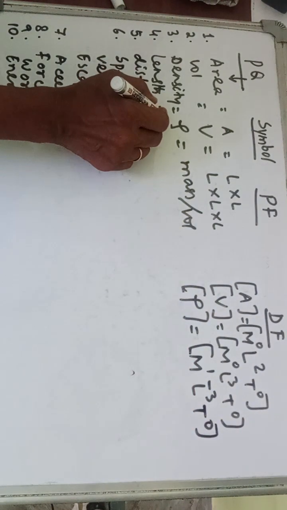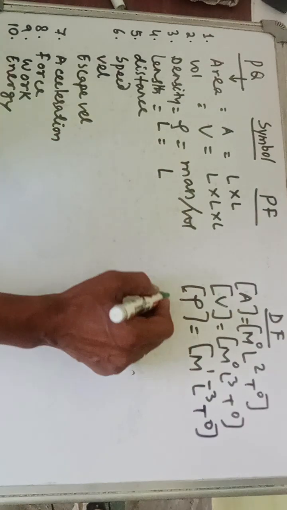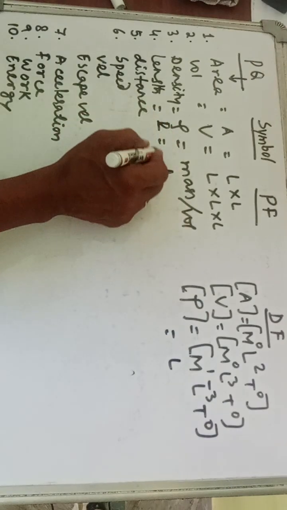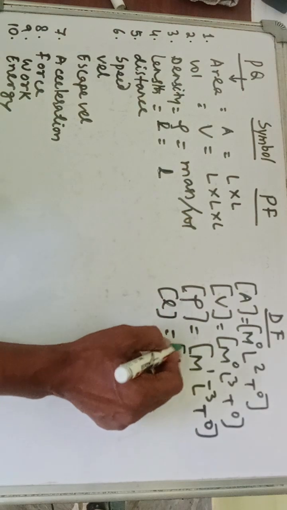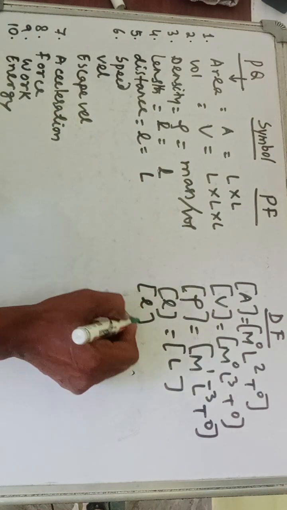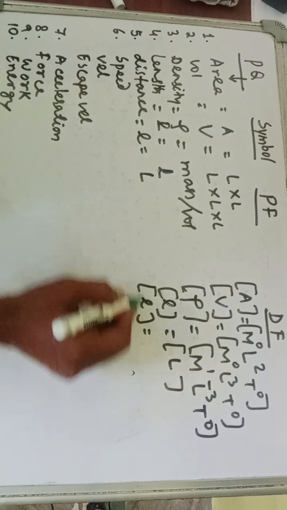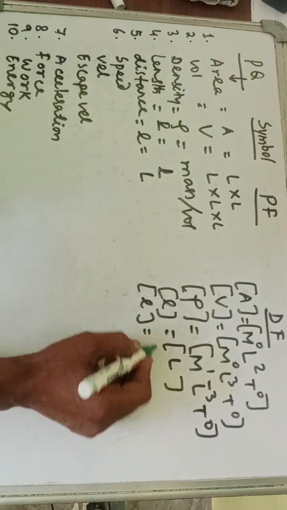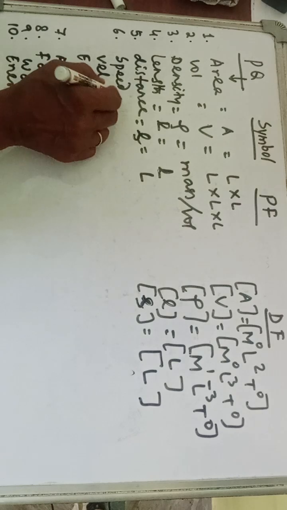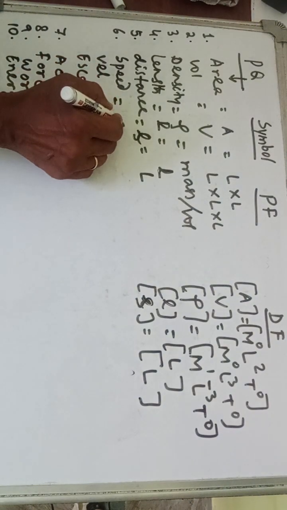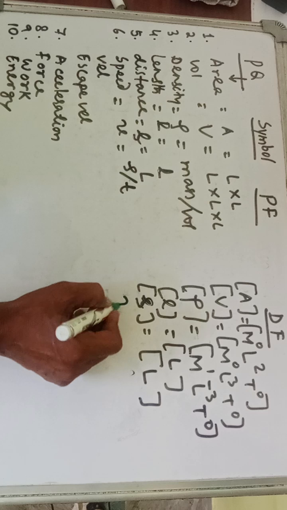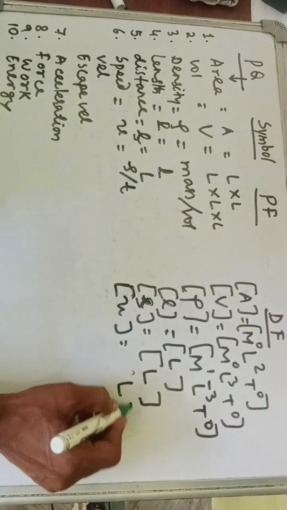For length, suppose L, it is only 1 L. Symbol is L. For distance also we can say symbol may be L or symbol may be S. Suppose it is S, then it is L. For speed, distance upon time, S by T. For speed, it is L T minus 1.